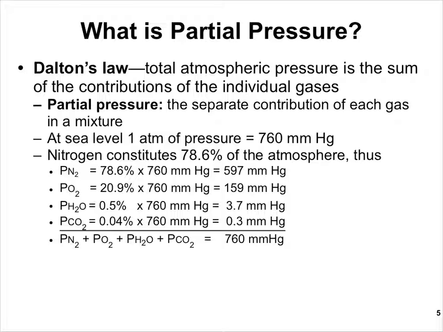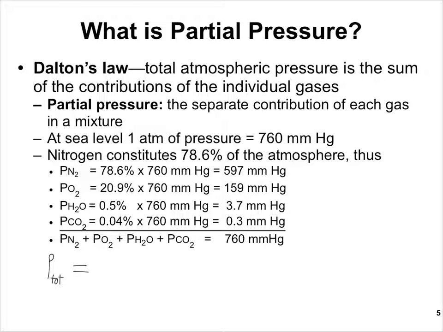All that Dalton's law means is that the total pressure, I would say P total, is equal to the sum of the partial pressures of the gases that make up your environment.